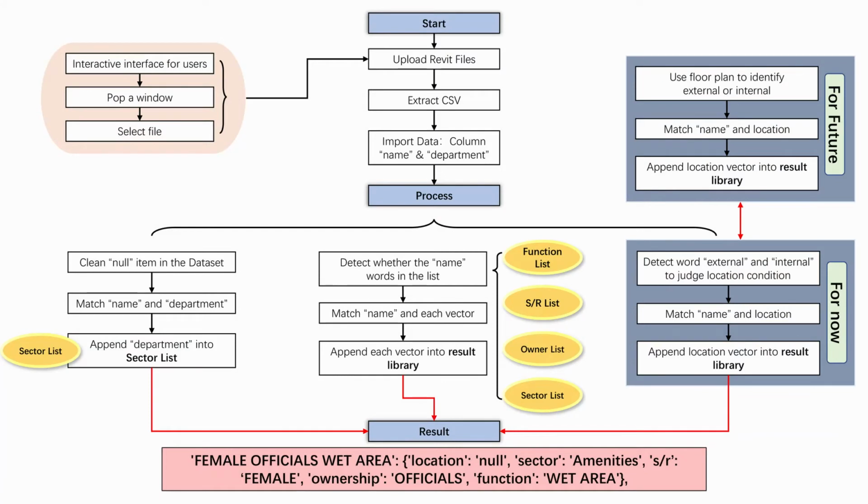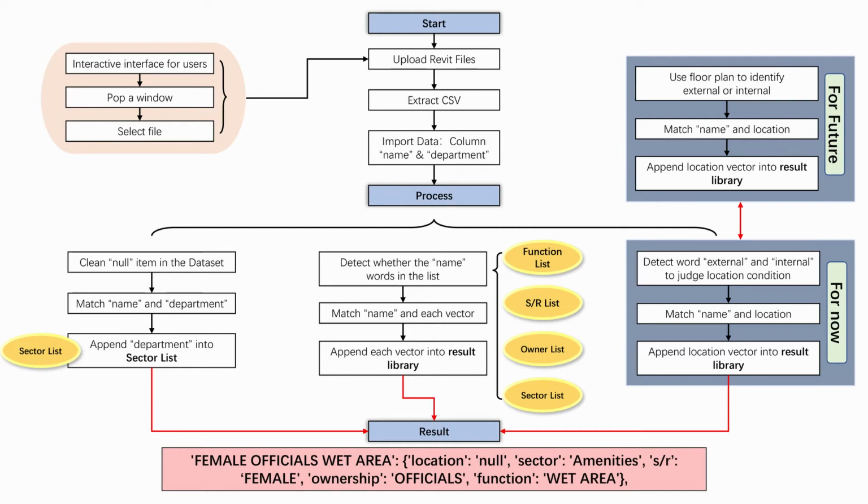So the workflow of the program is: first upload the Revit files. Instead of importing the CSV file straight away, extract the CSV file from the Revit file. Then import the data we need and clean the direction words, useless description words, and the null items in the dataset.